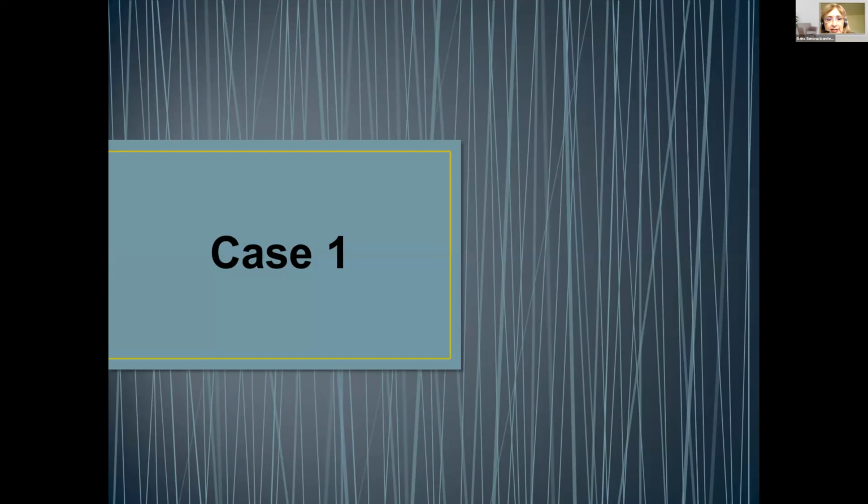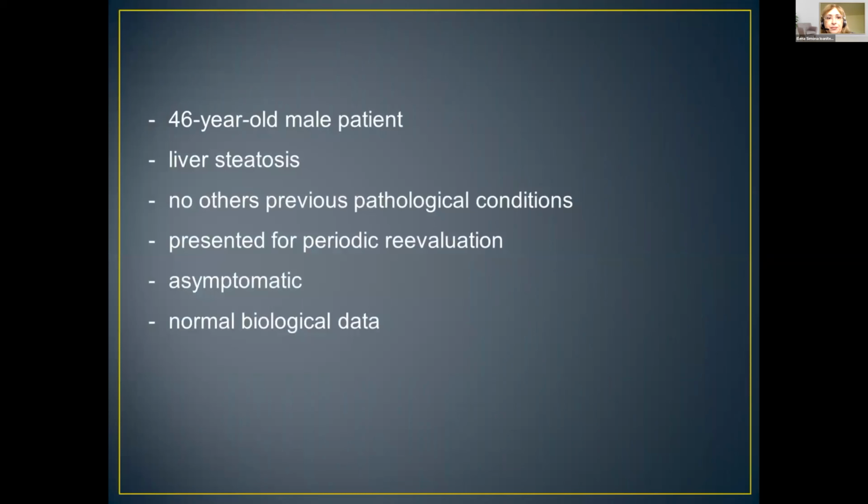My first case is a 46-year-old male patient with liver steatosis and no other previous pathological conditions, who presented in our department for usual reevaluation, with no recent ultrasound performed.